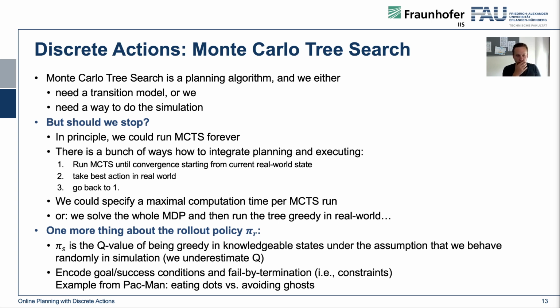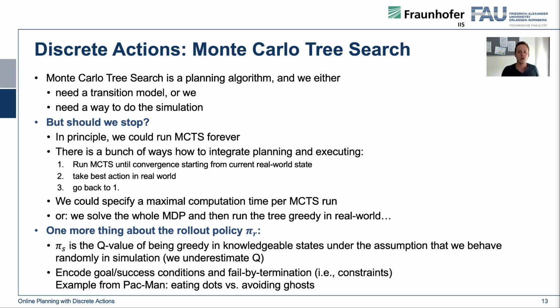Imagine in Pac-Man, you might easily recognize that eating dots will give you a positive reward, while avoiding ghosts is something that you need to do to stay alive. However, if you're successful, you will never encounter a ghost. This is really hard to implement properly in such a system, and it is called a constraint.